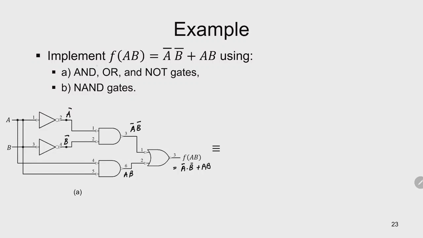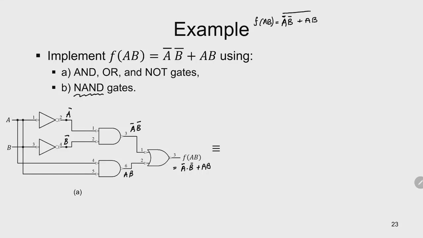Remember we talked about the universal gate. If you want to build this logic using just NAND gates, how do we go about doing that? We apply DeMorgan's theorem. So we have our original Boolean expression.